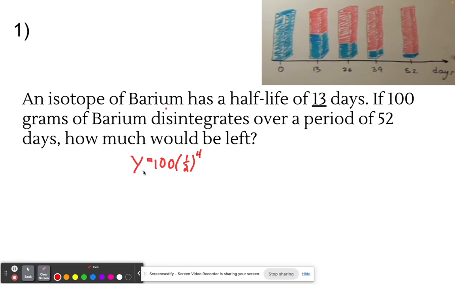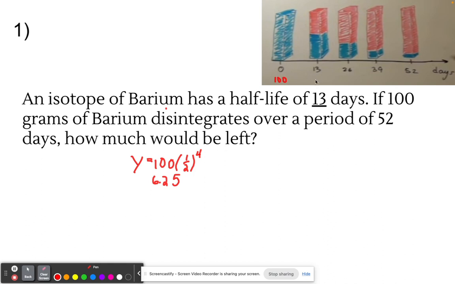So if I do 1/2 or 0.5 to the 4th power and multiply that by 100, it will tell me that I have 6.25 grams remaining after 52 days. And if you think about that, at the start I'd have 100.